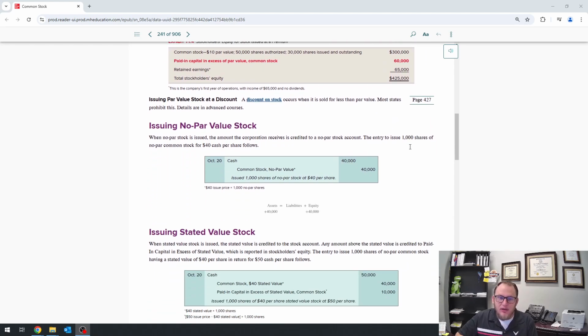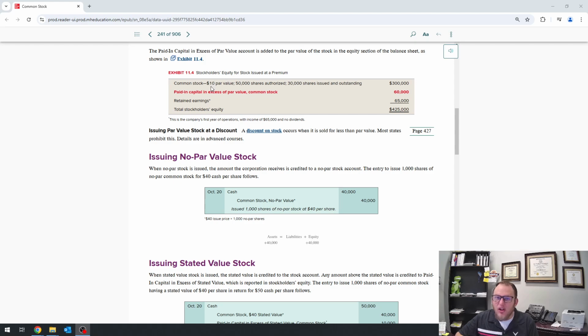Now, when we're issuing no par value stock, so there is no minimum requirement in order to buy this stock, then we don't have a common stock with a $10 par stating the par value. We would just have cash and common stock with no par value. Whatever we sell it for is going to go to that common stock account, because there is no par value and no paid in capital in excess of par.